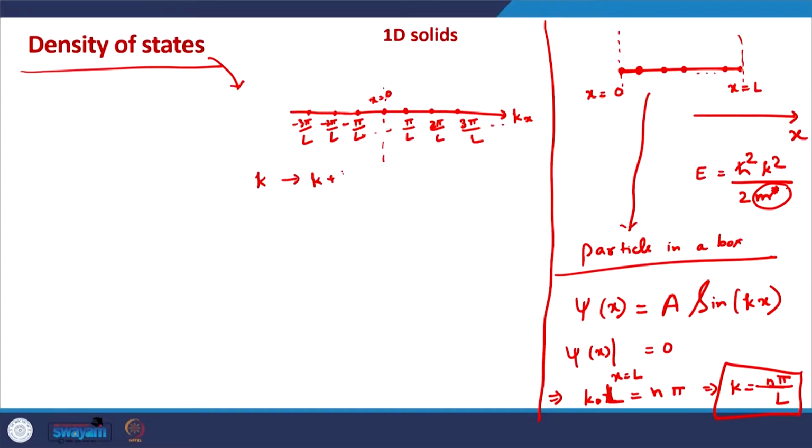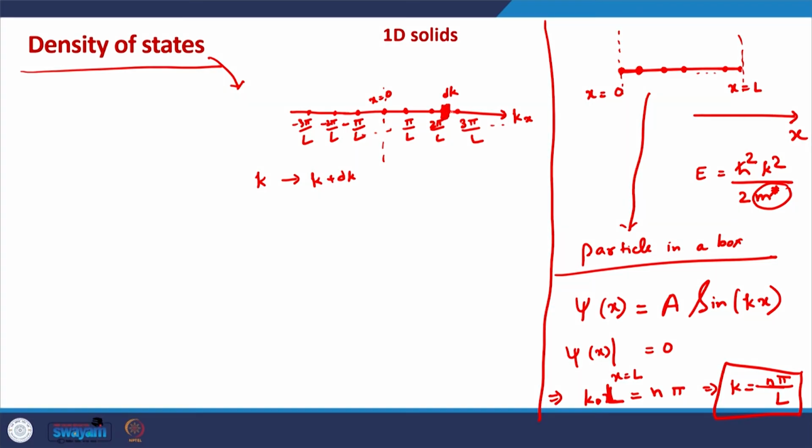So, now we need to calculate the number of electronic states in a range of k to k plus dk. So, for that we take a linear element on the k axis. We take a strip of dk width only, and we will see how many electronic states exist in this dk length.